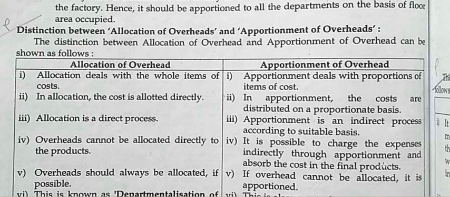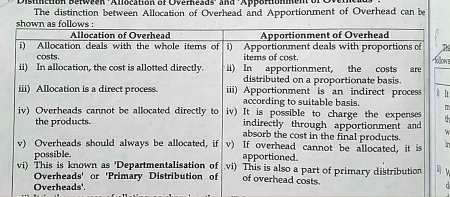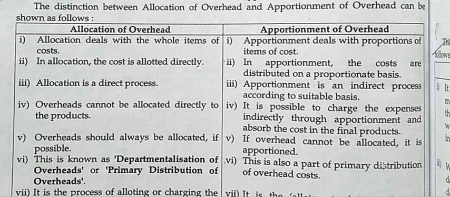Now we should quickly see the distinction between allocation of overheads and apportionment of overheads. What is allocation? Allocation deals with the whole item of cost, whereas apportionment deals with the proportion of an item of cost. Allocation is direct, whereas apportionment is on some equitable basis. Number 2, in allocation the cost is allocated directly.